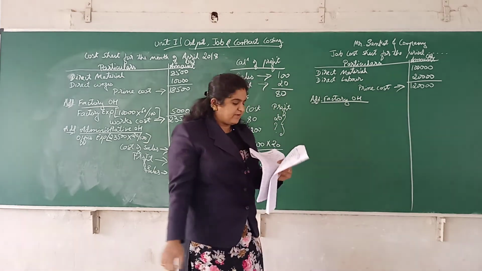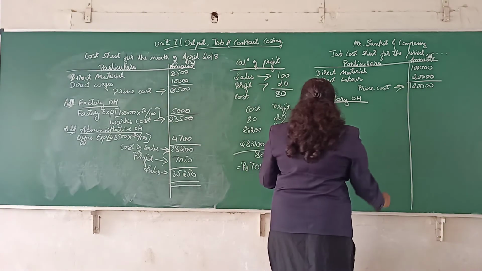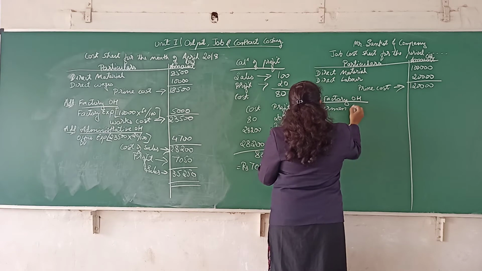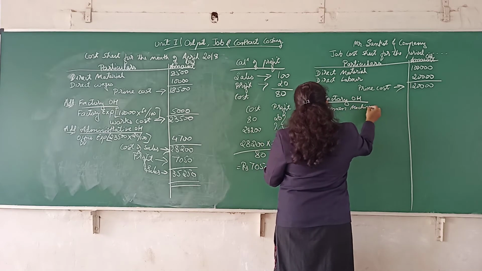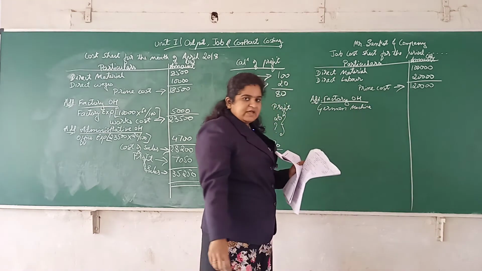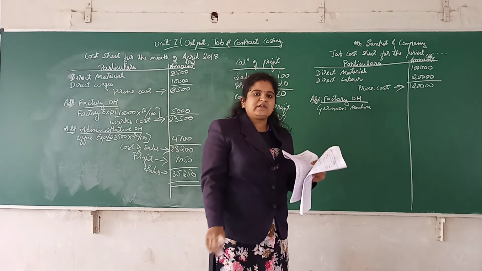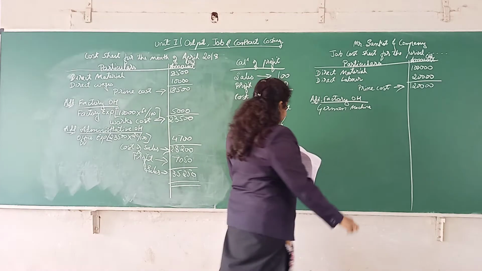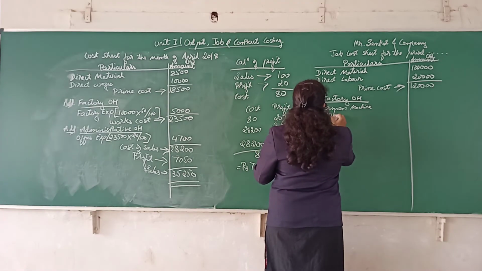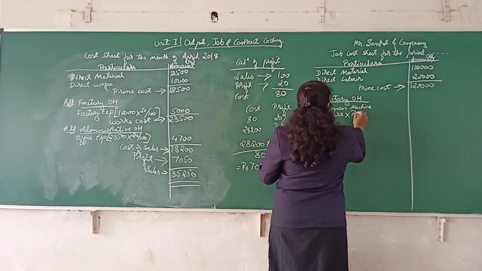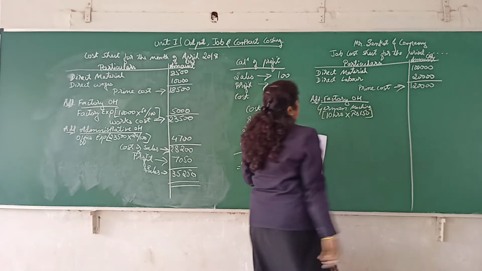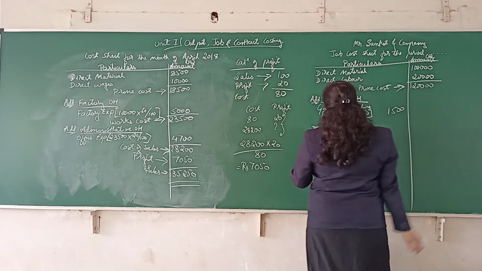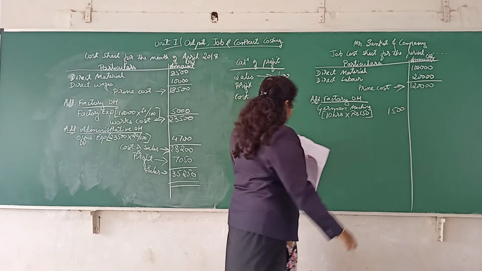Okay, so the machines they have given, first we will take the German machine. What they have told: German machine is used for 10 hours and the rate is rupees 150. So in bracket 10 hours into rupees 150, it is 1,500 in the inner column.